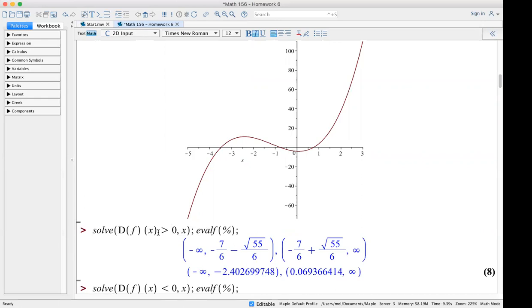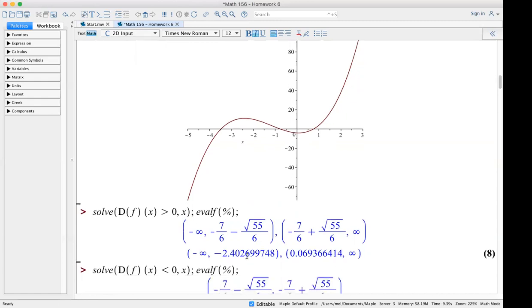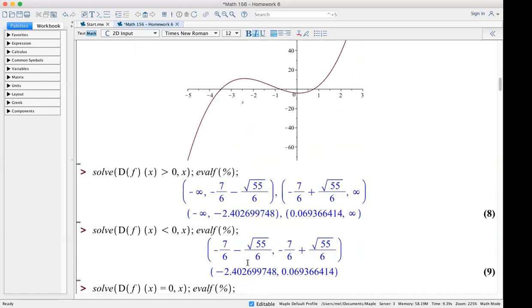So I solve the inequality and then I evaluate with evalf, that means convert to decimals. I get these two intervals. In these two intervals, the derivative is positive, so the function is increasing. Here's the first interval, up to about minus 2.4. Here's the second interval, from about 0.069. Similarly, here is where the derivative is negative.